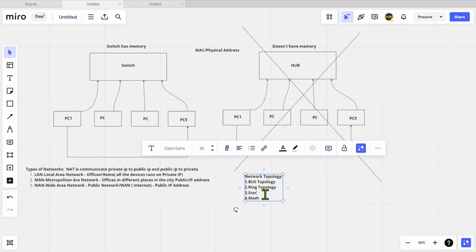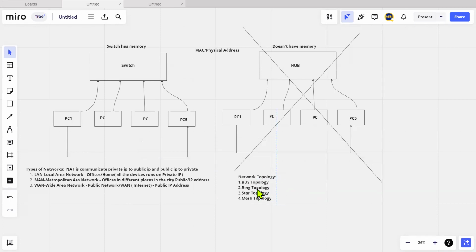Okay, so we are not designing these topologies. Then who designs this? See, based on our network devices, this network design will happen. For example, if you are using devices, based on the devices, the network design will form. Let me show you.